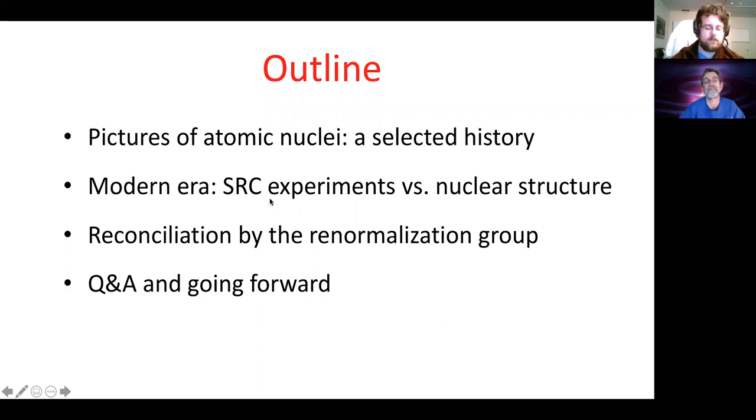And the idea is there's kind of a conflict in pictures: there are experiments that seem to imply one picture and features of the nucleus that aren't there for the nuclear structure that I do. And this has been rather a controversial thing over time, with people insisting that we're missing things and so on.